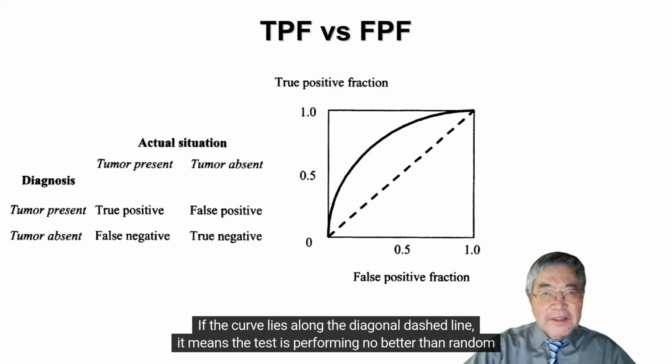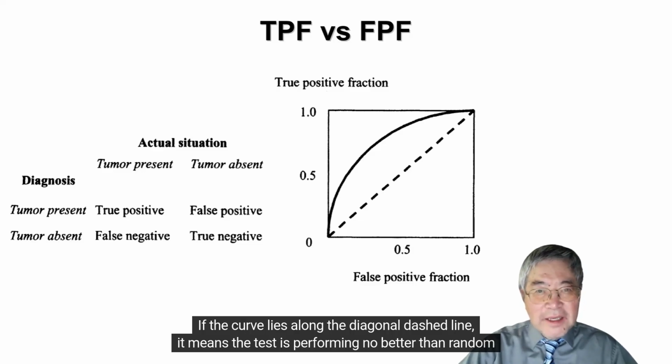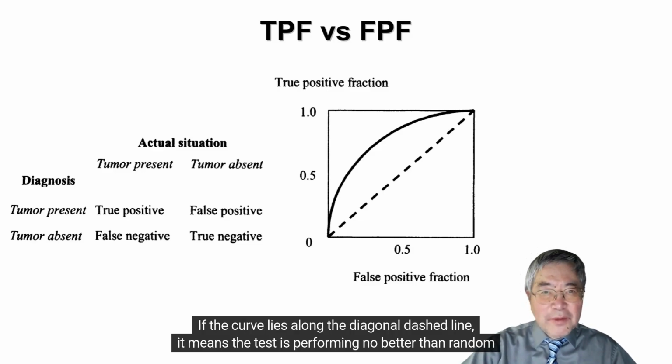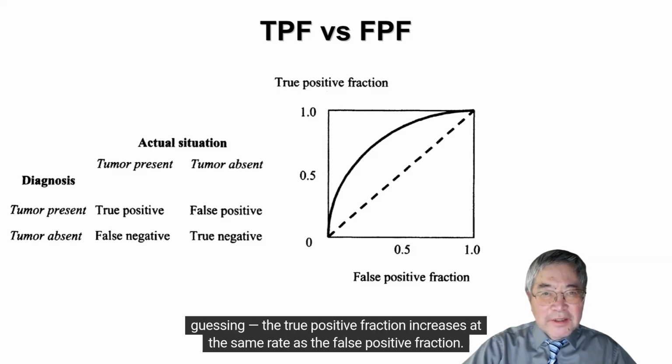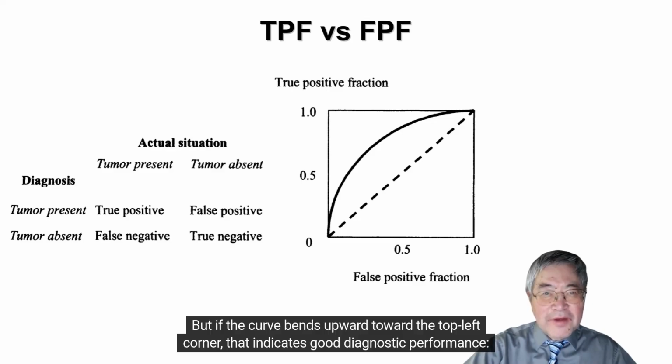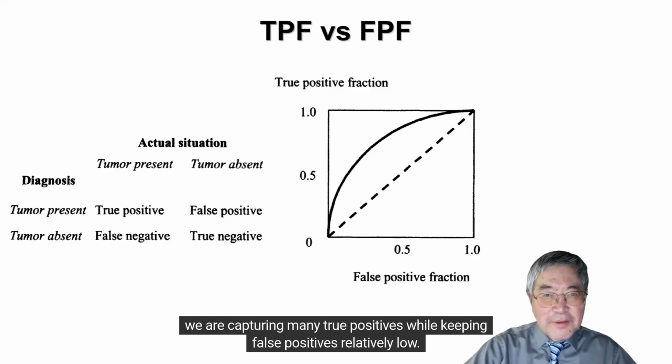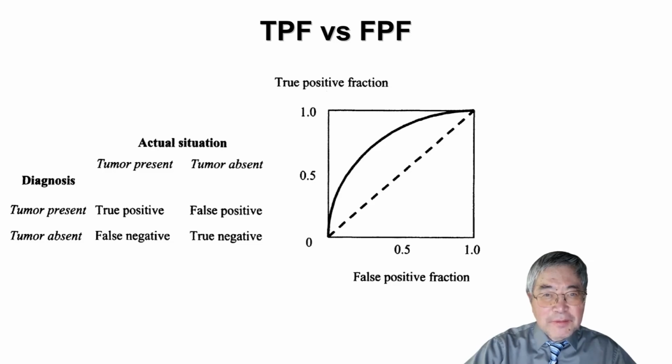If the curve lies along the diagonal dashed line, it means the test is performing no better than random guessing. The true positive fraction increases at the same rate as the false positive fraction. But if the curve bends upward toward the top left corner, that indicates good diagnostic performance. We are capturing many true positives while keeping false positives relatively low.